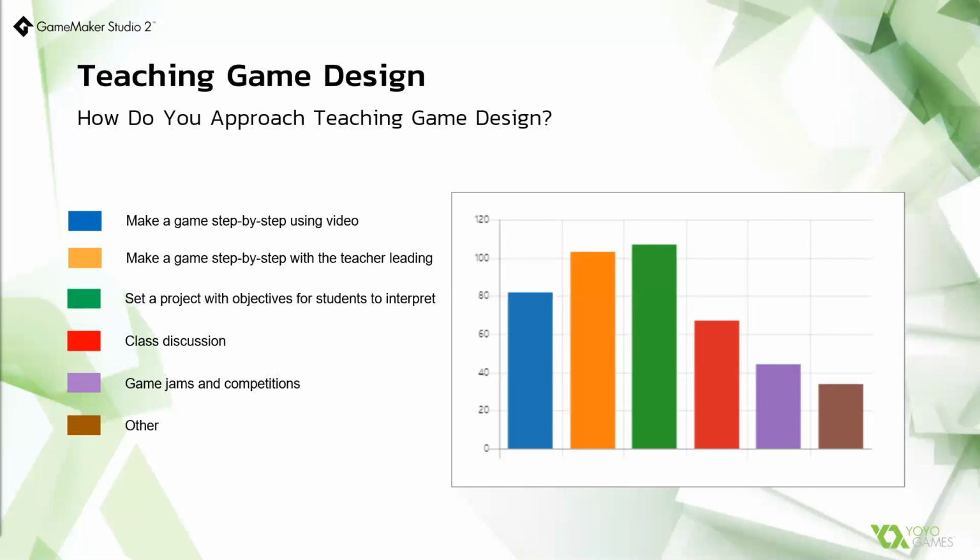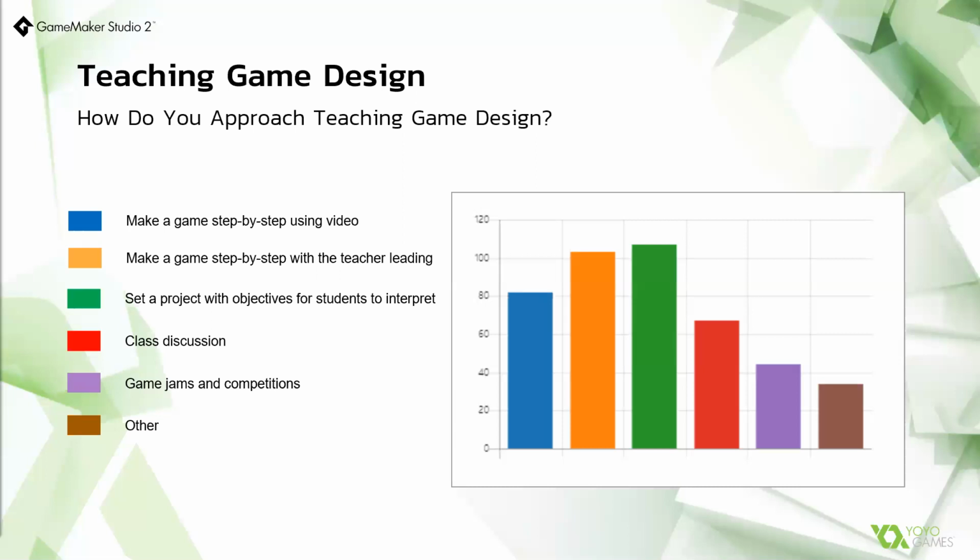In orange, we're looking at making a game step by step with the teacher leading. So this is really the educator materials that we're going to look at shortly, where the teacher's able to fulfill a curriculum and start to provide the information about how to teach code. And in green, where we start looking at age 15 to 16, this is where a project is set with objectives for students to interpret.